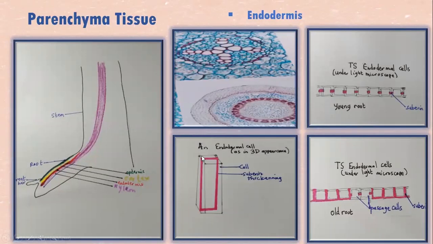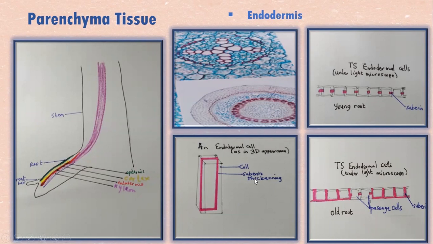If this was an old root, this is a young root, the suberin will be very, very thick. And there will be a few of the cells that do not have the whole cell heavily thickened with suberin, and those are the passage cells.